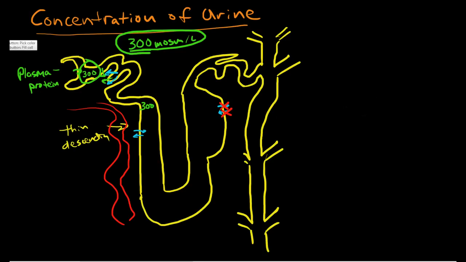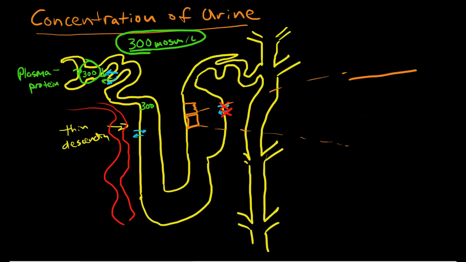Now, we're going to get to the meat of this as we start to talk about what's going on with ions here. So I'm going to draw a little cell. So we have a cell here, a cuboidal epithelial cell. And actually I'm going to draw a bigger picture of it here so we can really talk about what's going on in this cell.